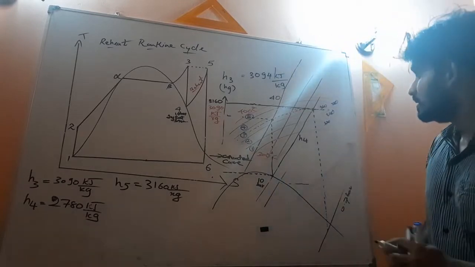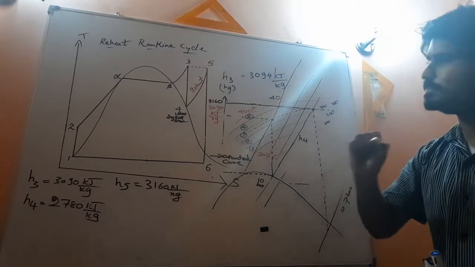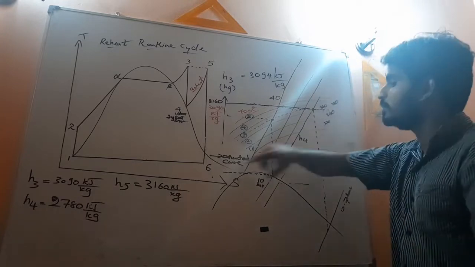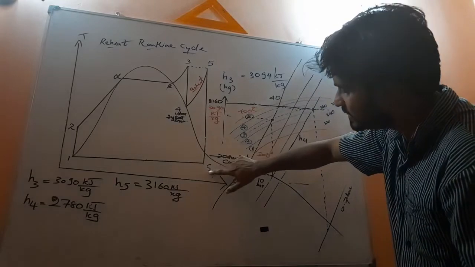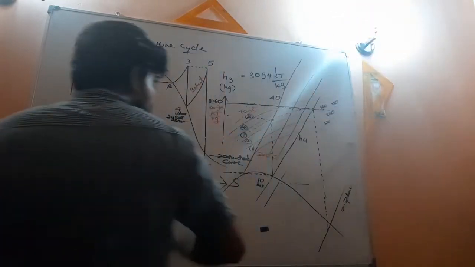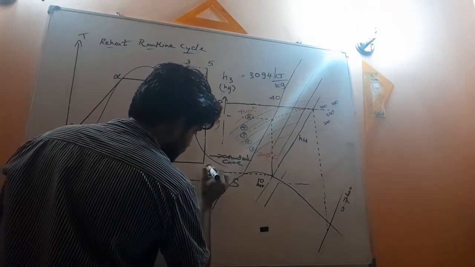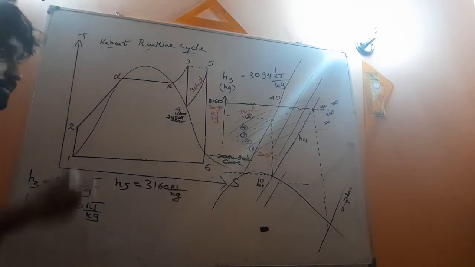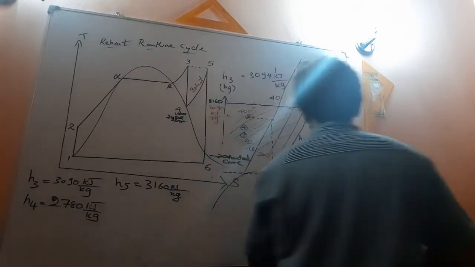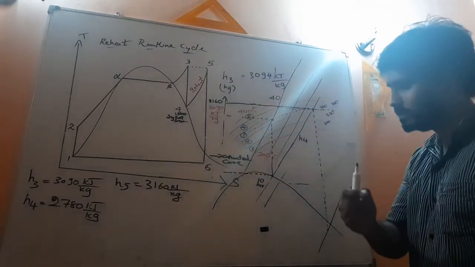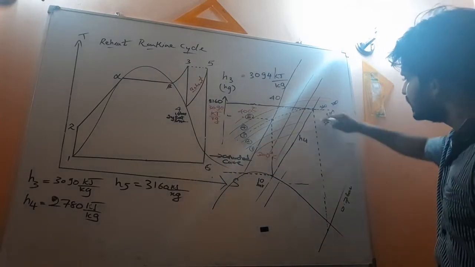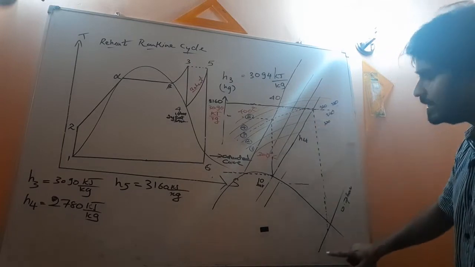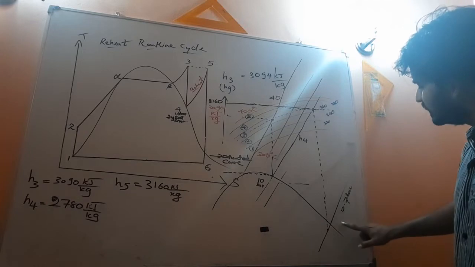Now when you consider the expansion of the second turbine, it occurs until point 6, because this point 6 is the final stage or the exit of the second turbine. So how to find that? That is the point you get when you project this point vertically downwards until it intersects with the 0.7 bar pressure line.